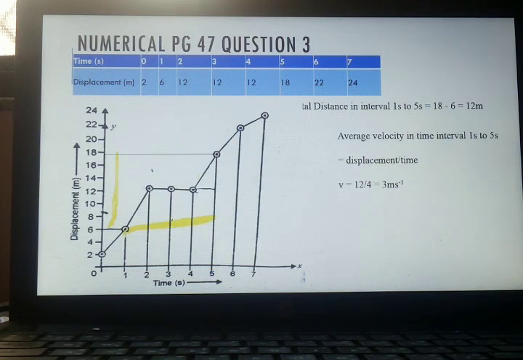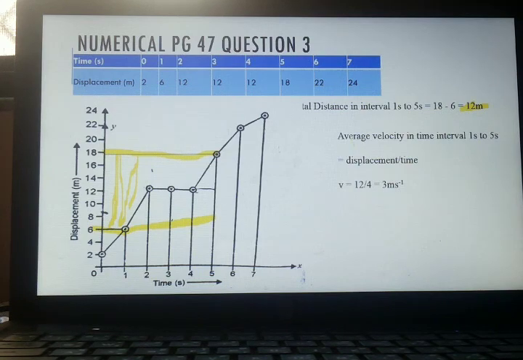If we draw a parallel line over here to the x-axis from 1, you will be getting 6, and from 5 second, if you draw another parallel line, you will be getting 18. So we only have to find out the total displacement from 1 second to 5 second. So it is 18 minus 6. 18 minus 6 is what? 12. So 12 is the total distance travelled in that interval.